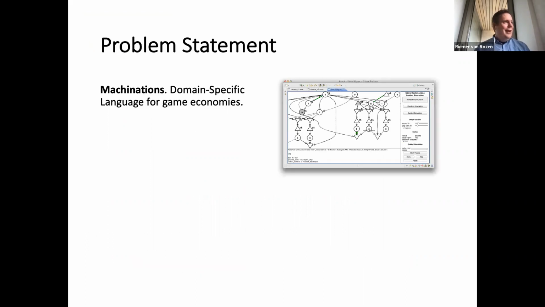Okay, working. So I will talk to you first about a problem statement by introducing Machinations, a domain-specific language for game economies. Machinations was originally developed as a game design aid. Basically a nice tool with some visual syntax, but without a clear semantics that made it difficult to use the language for programming.